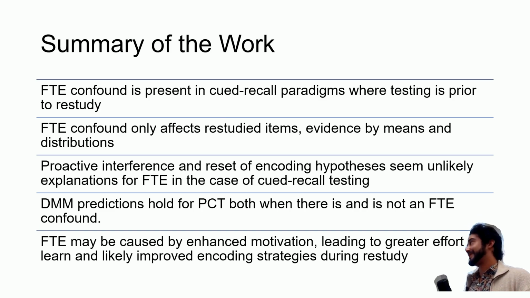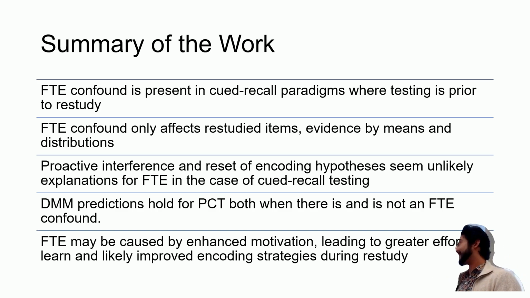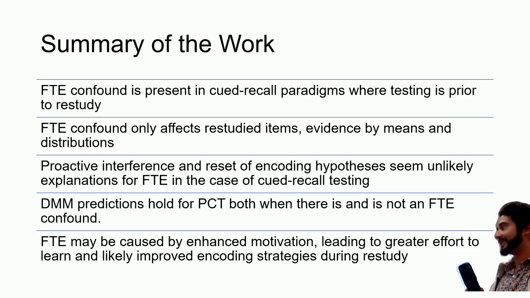And so we can summarize this work in 5 main points. The forward testing effect confound is present in cued recall paradigms where testing is prior to restudy. And we can also find that the FTE confound only affects restudied items, as evidenced by the means and distributions. Proactive interference and reset of encoding hypotheses seem unlikely explanations for the FTE in the case of cued recall testing.